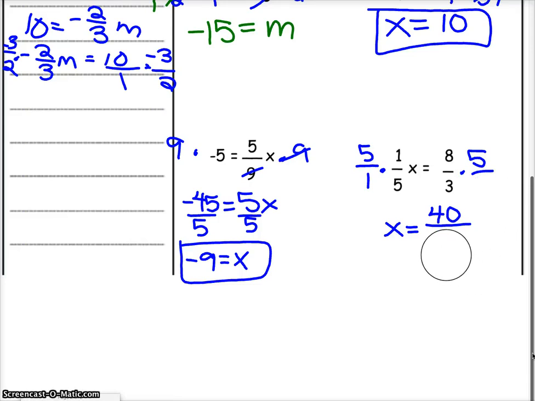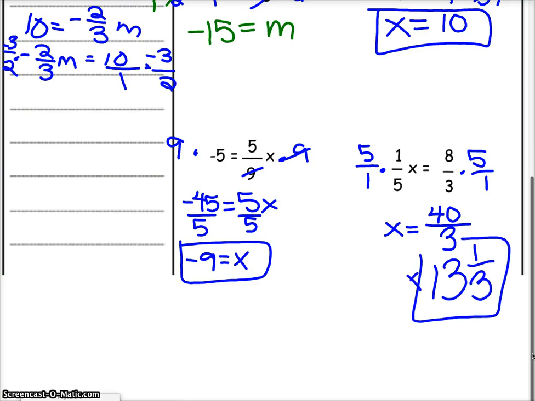Whoopsies. Okay, and then you can simplify that more. 3 goes into 40 how many times? 12? No, 13. 13 times 3 is 39. So 13 times 1 remains, 3 as the denominator.